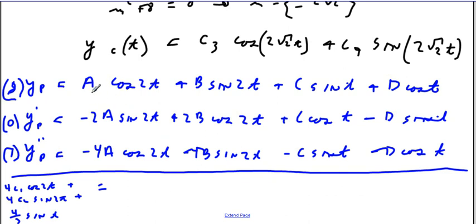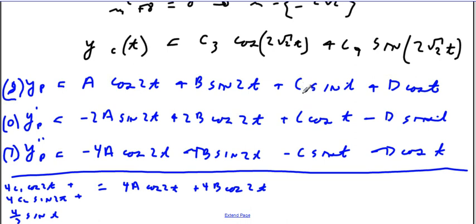Okay, so I've got 8a minus 4a is 4a cosine 2t. I got 8 minus 4 plus 4b cosine 2t.